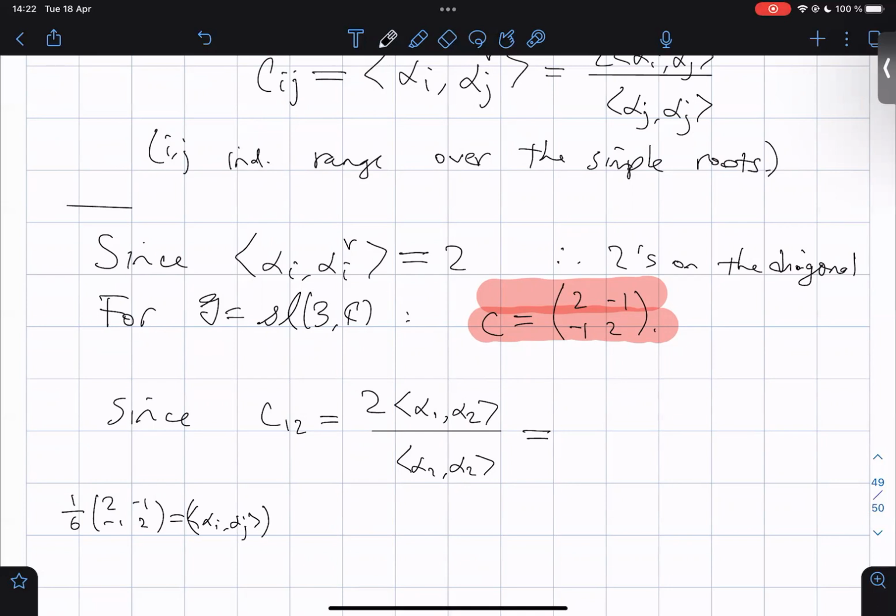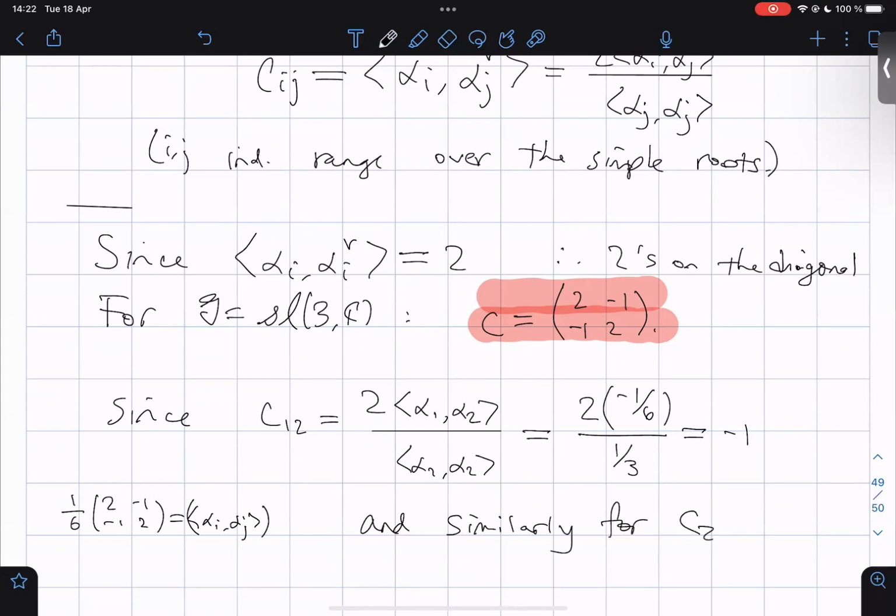So we have 2 times minus 1 over 6, over 1/3, so this is minus 1. And similarly for C21. It's clear that C21 is equal to C12 because we already showed that alpha 2 is the same thing as alpha 1, these roots have the same length.